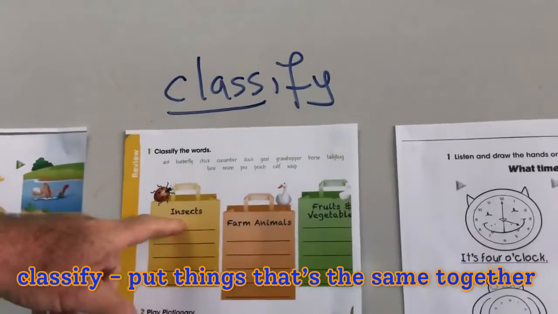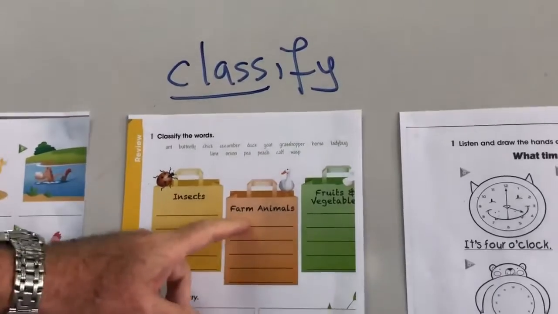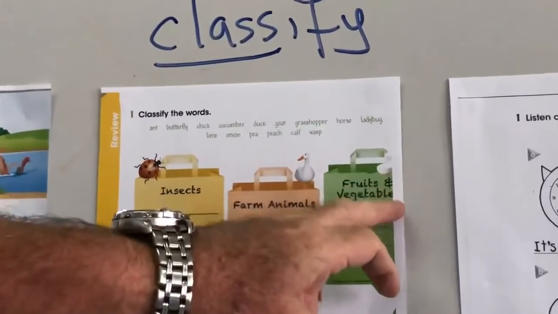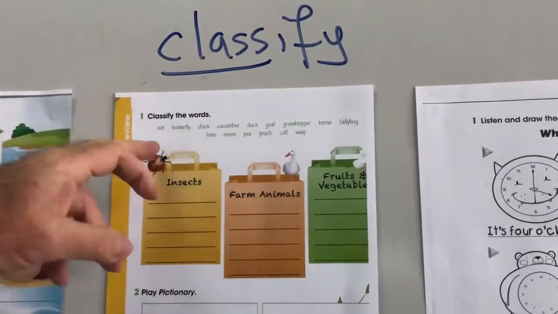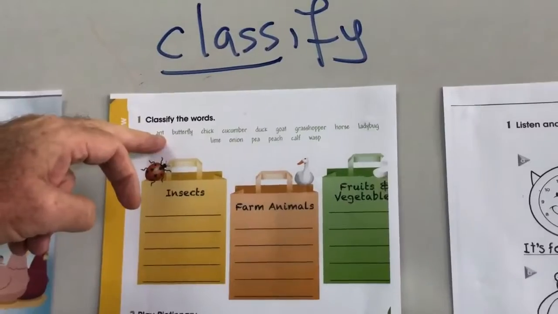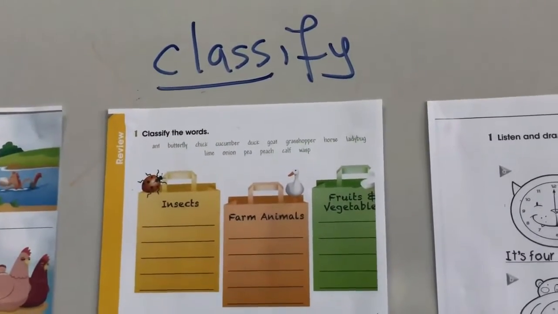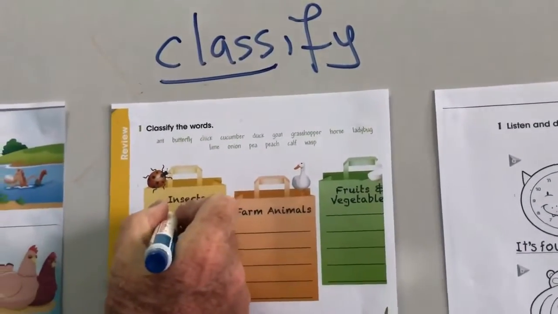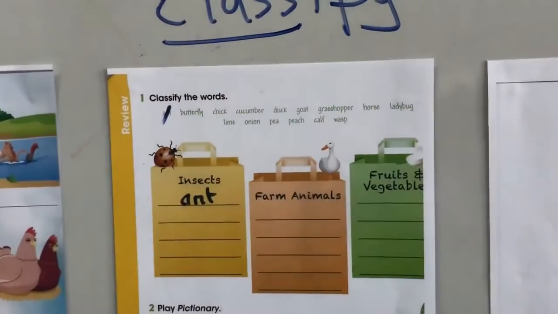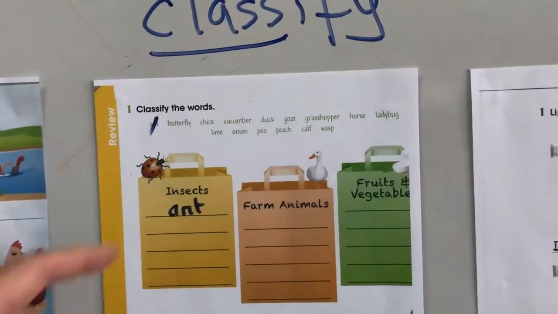So what have we got? We've got names of insects, we've got names of farm animals, and we've got names of fruits and vegetables. So, how many words have we got here? Let's look. Ant. So ant is an insect, so we would put ant in there. Okay? And then you've got to do the others.